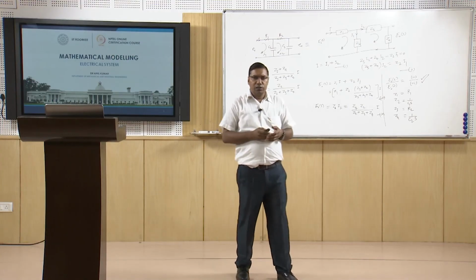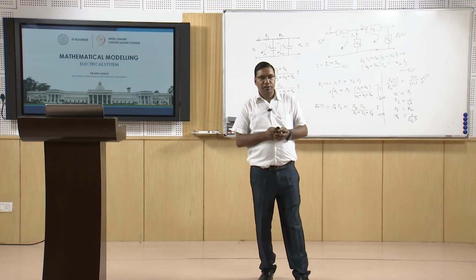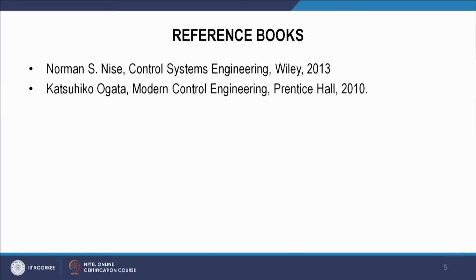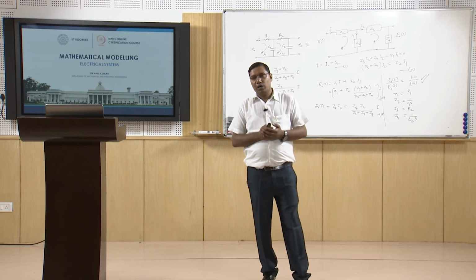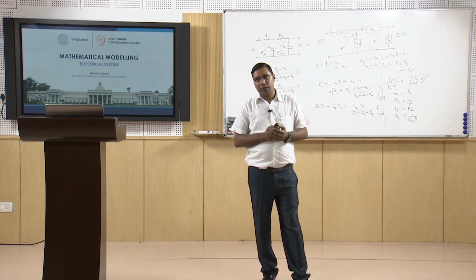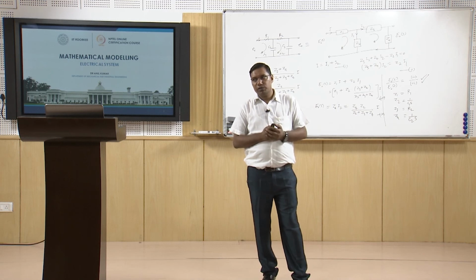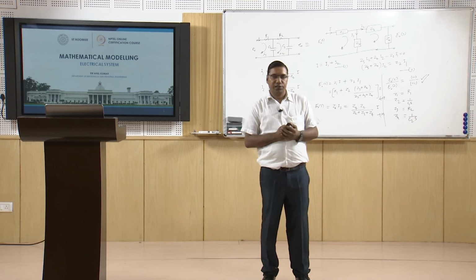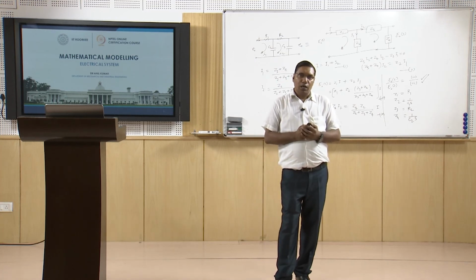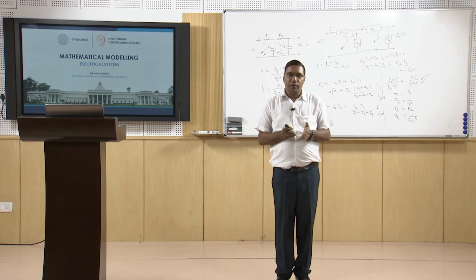These examples are taken from the book of Norman S. Nise, Control Systems Engineering. So we learned how to model electrical systems. We use the basic elements like resistance, capacitor, and inductor, and we can apply two methods.